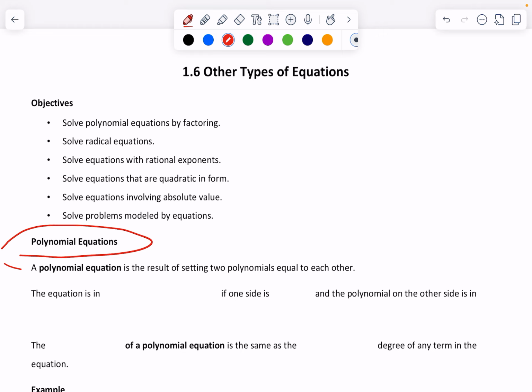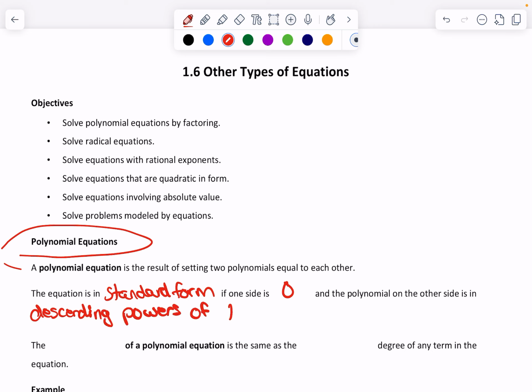The equation is in standard form if one side is 0 and the polynomial on the other side is in descending powers of the variable. Descending powers meaning the exponents, so going from largest to smallest.